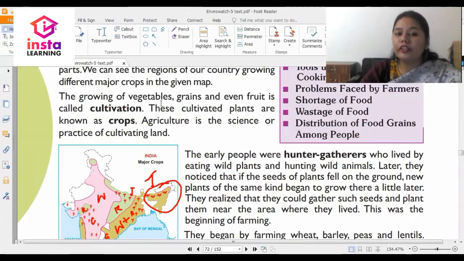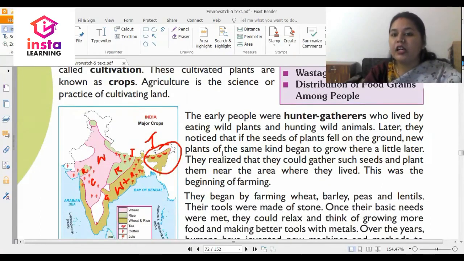The growing of vegetables, grains and even fruit is called cultivation. These cultivated plants are known as crops. Agriculture is the science or practice of cultivating land. The early people were hunter-gatherers who lived by eating wild plants and hunting wild animals.